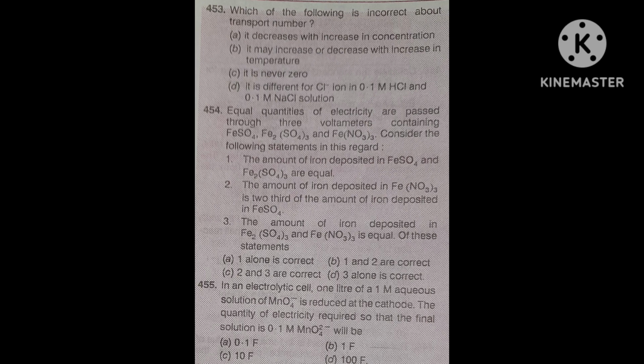You will get 1 mole by passing 1 F, 1 Faraday. For 0.1, according to the question, you want 0.1 mole. Then how much will you require? 0.1 mole will be obtained by passage of 0.1 F. From 1 F you are getting 1 mole of MnO4 2 minus.